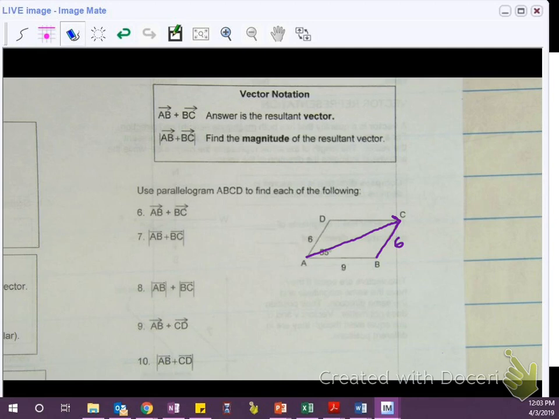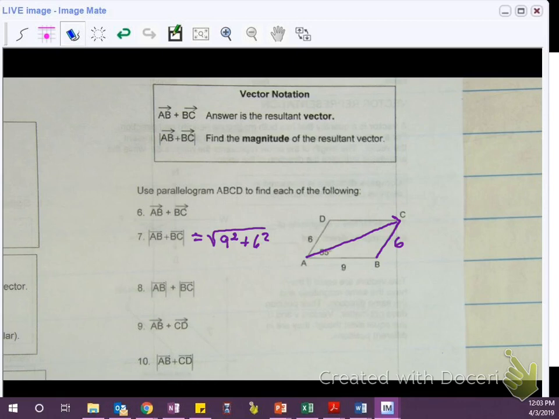Okay, let's do the magnitude, and I will refresh my memory on the formula for that. So this one is just 9. This one is the square root of 9 squared plus 6 squared.